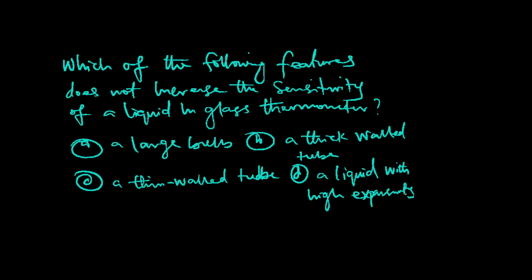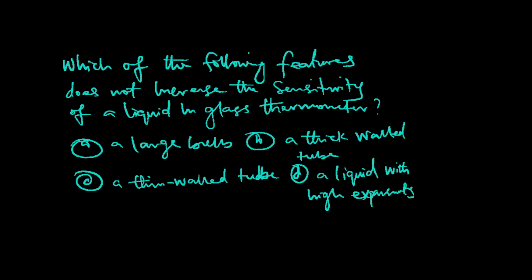So who also supports B? Sir, the B and the C are saying the same thing, a thick walled tube, a thin walled tube. It's not the same. Okay. All right, so the correct answer there is B.